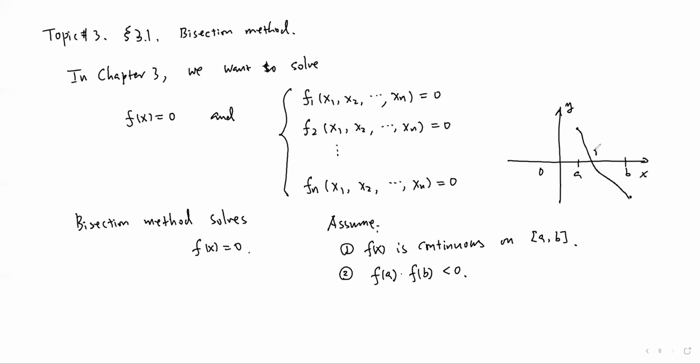A root, R, right? So we want to find a root, okay? The idea of bisection method is to cut the interval AB in half each time, okay? Let me draw a diagram of a general function.